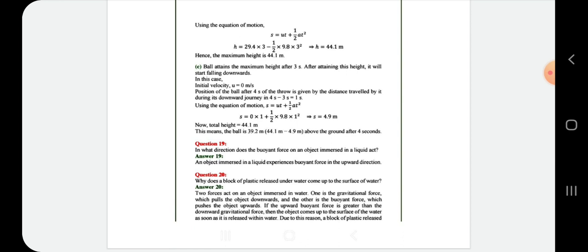I get s is equal to 0 into 1, as u is 0, plus 1 half into 9.8 into t square, that is 1 square. So s is 4.9. Now the total height is 44.1 meter, as we have already got. This means the ball is at 44.1 minus 4.9, that is 39.2 meter above the ground after 4 seconds.